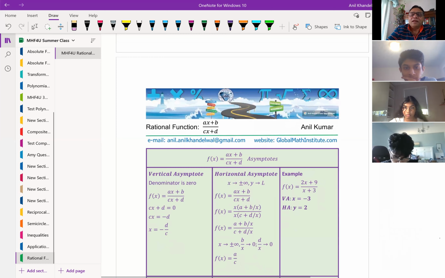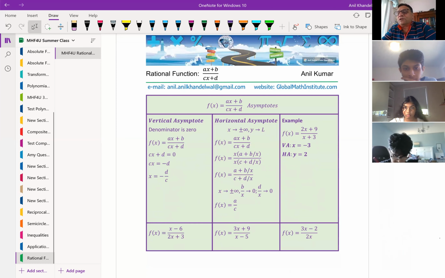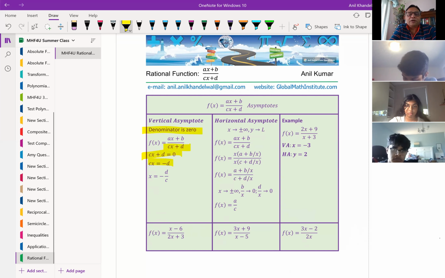So we have seen the x and y-intercepts. Now let's look into vertical asymptotes and horizontal asymptotes. When do you get a vertical asymptote? When the denominator is 0, correct? We have a restriction. The denominator is cx plus d. Equate that to 0. What do you get as the value of x?